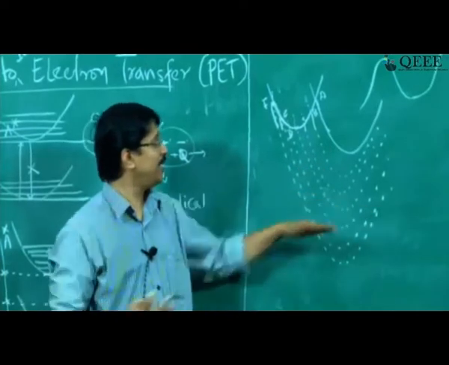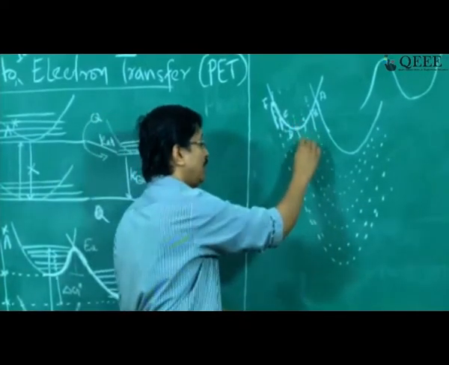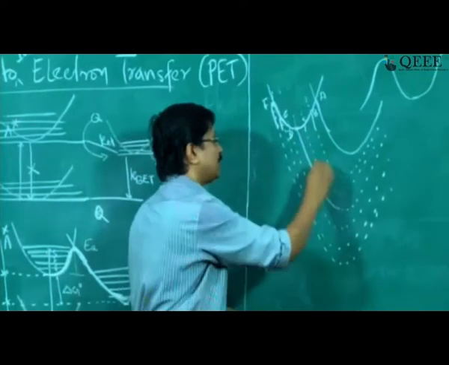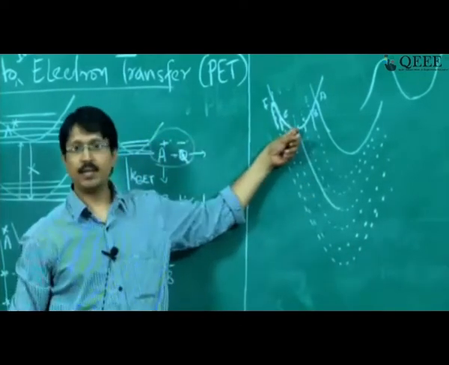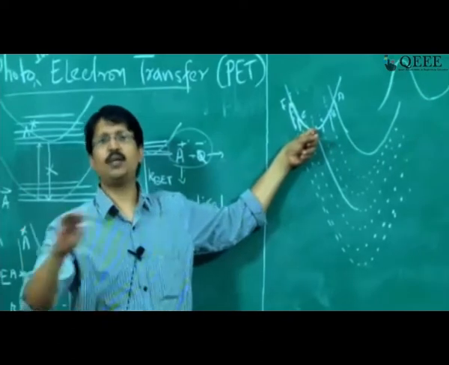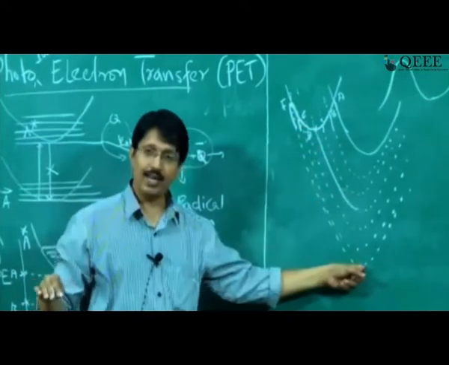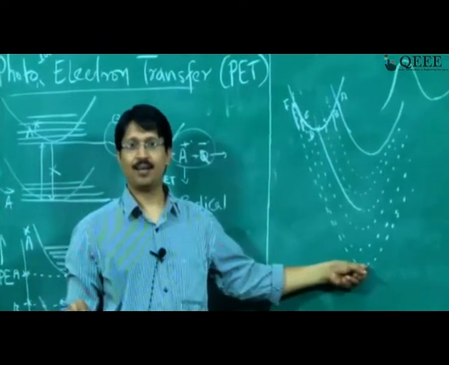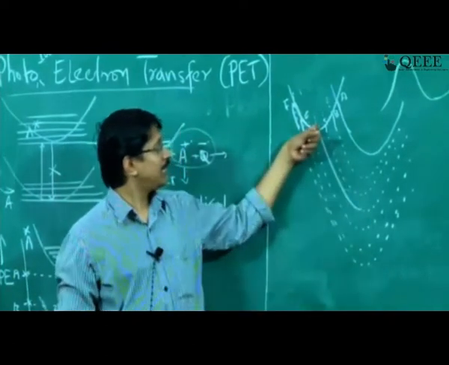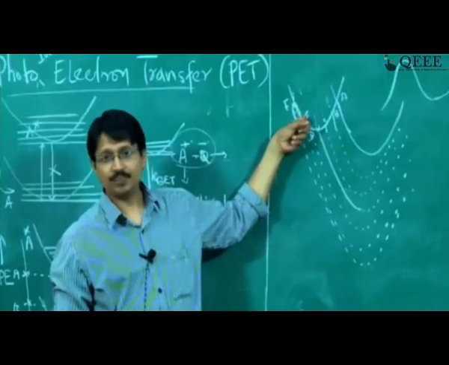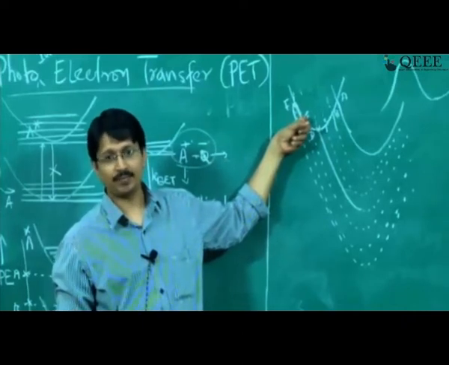There is a certain period to which, as we said, rate was very fast. When it reached here, activation was 0, so the electron transfer rate was very fast. But if you still reduce the free energy negative, actually the rate will decrease, because there is a barrier you are building.